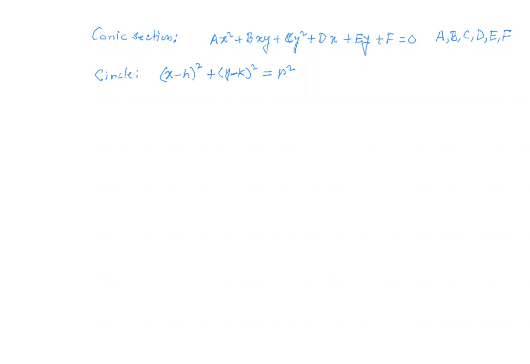This represents a circle that has center at h comma k and radius r. If you break it down, it's going to have this structure with b being 0 and a and c being equal. This is the equation of a circle.